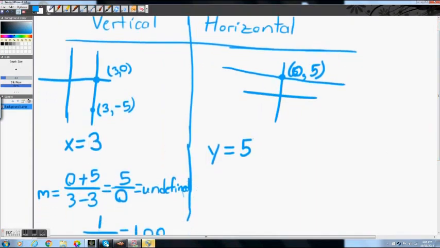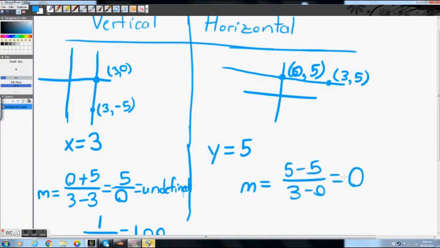Let's go ahead and look at horizontal lines. Again here, that's (0, 5), and this one, let's say, is (3, 5). Now, the slope here, the rate of change, take rise over run, and what do we get? 0.